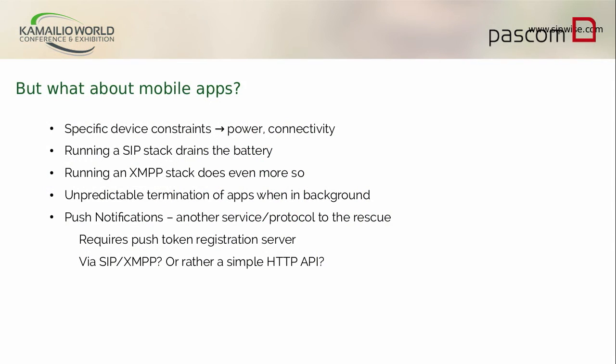And if you're speaking about mobile applications, you get additional things into play, like device constraints you typically don't have on a desktop softphone, like power and connectivity changes. And one of the problems with SIP really is, it drains the battery. I mean, you need to be online all the time, right, in order to receive calls. So you need to keep your connection alive.